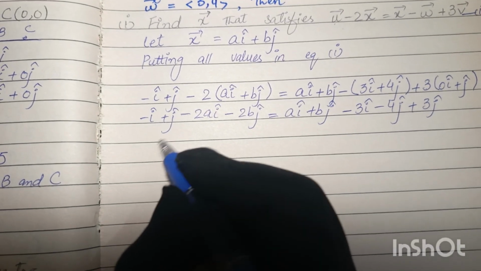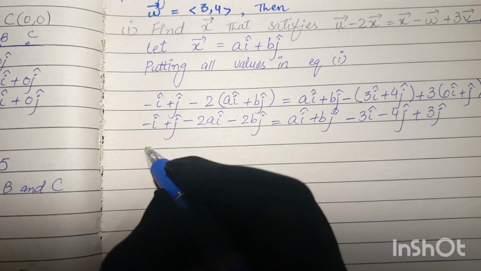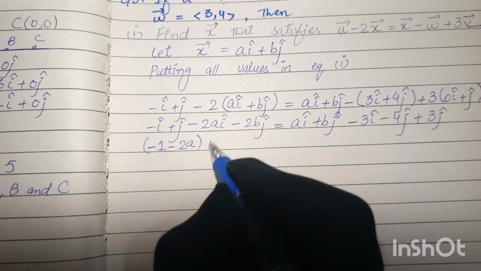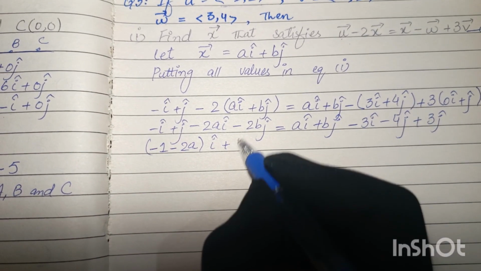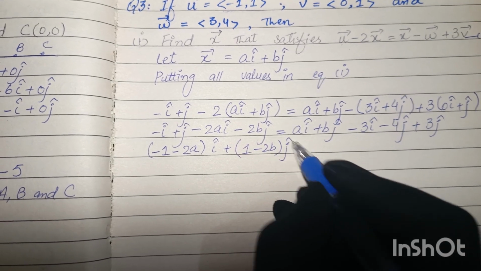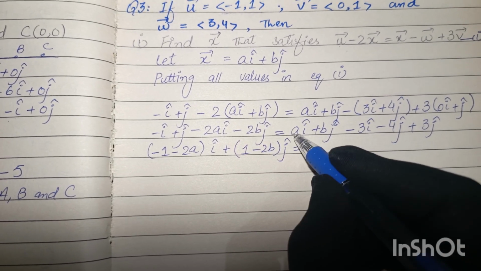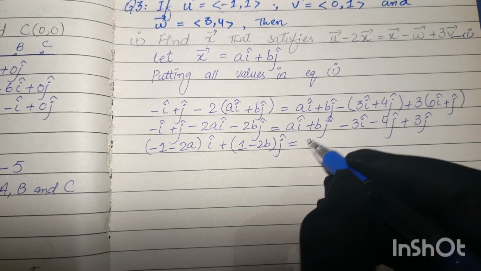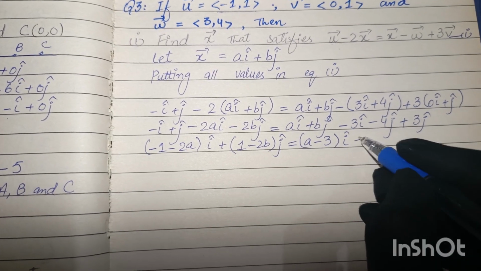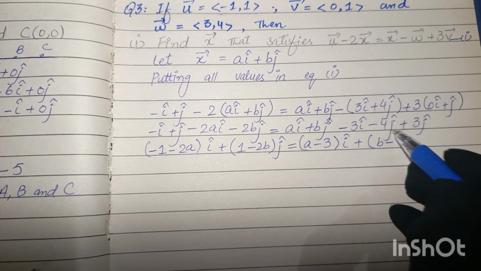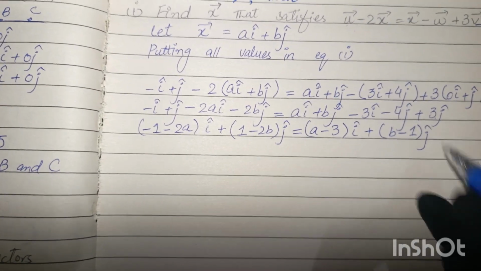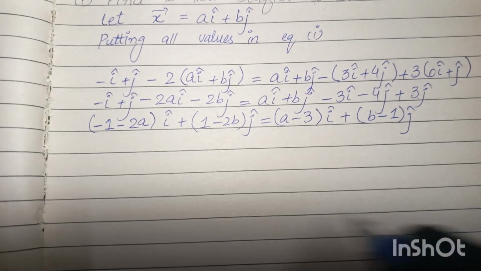Now by combining the components, first of all the i component: minus 1 minus 2a plus a minus 3 into i. Similarly, 1 minus 2b plus b minus 4 plus 3, which is equal to minus 1, times j vector.